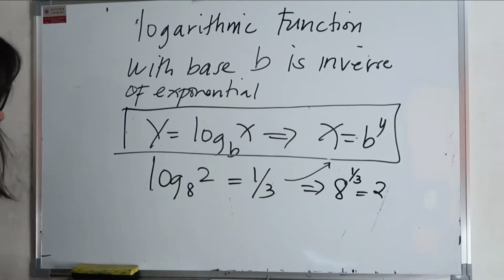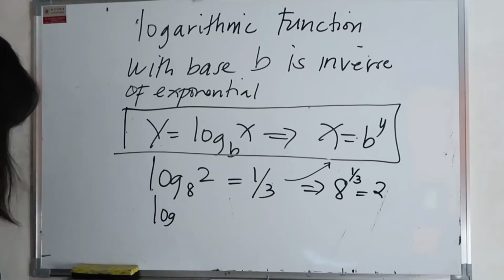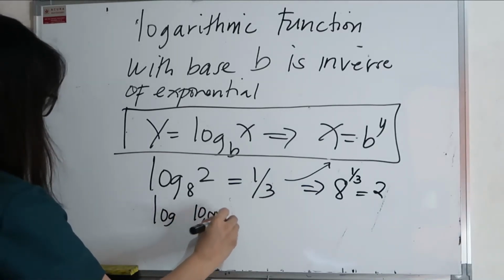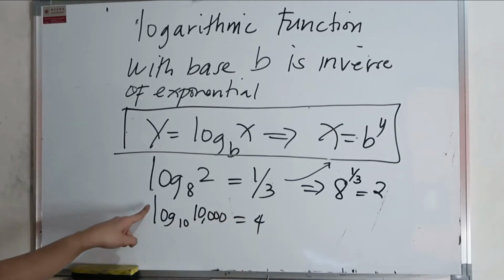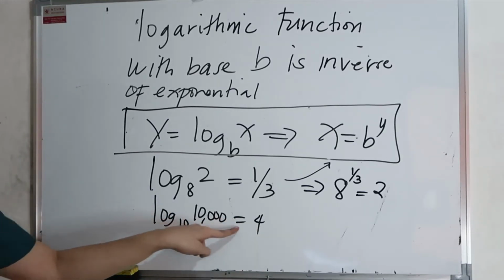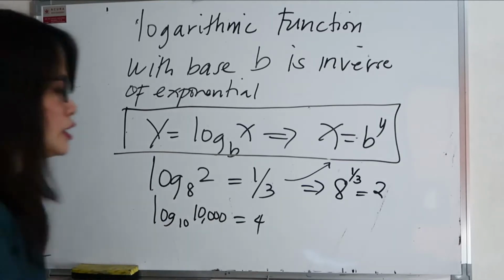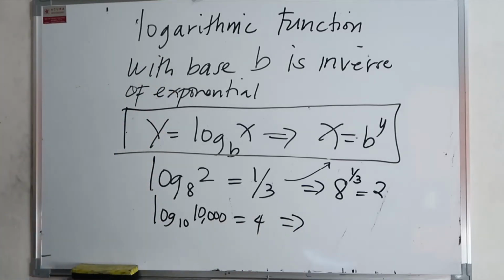Another example, let's say we have log 10,000 with a base 10 equals 4. How do we convert that to an exponential function?